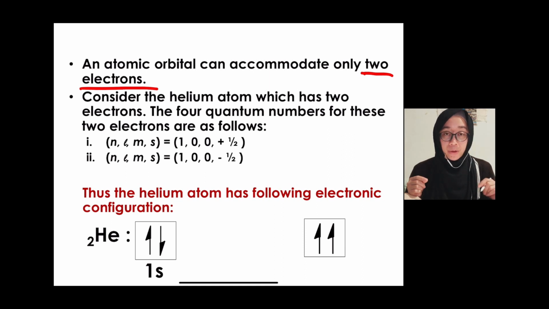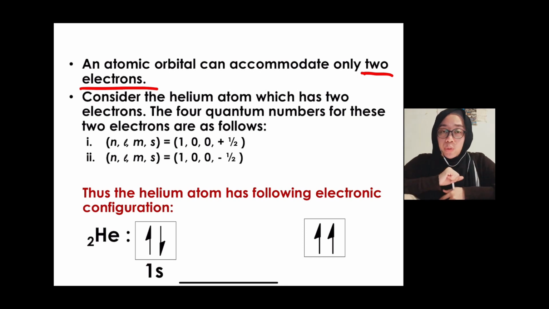Okay, so the arrow is elektron sebenarnya. So satu kamu tengok yang ke atas kan, satu kamu tengok yang ke bawah. Meanwhile, the one yang sebelah kanan pula, kamu akan nampak yang dua-dua arrow tersebut menunjuk ke atas. Okay, so bila dua-dua ke atas menunjukkan dua-dua spinning dia sama, dua-dua direction dia sama.